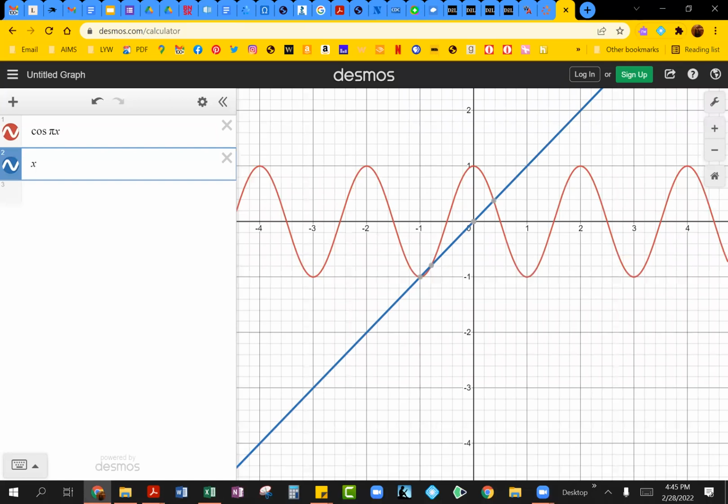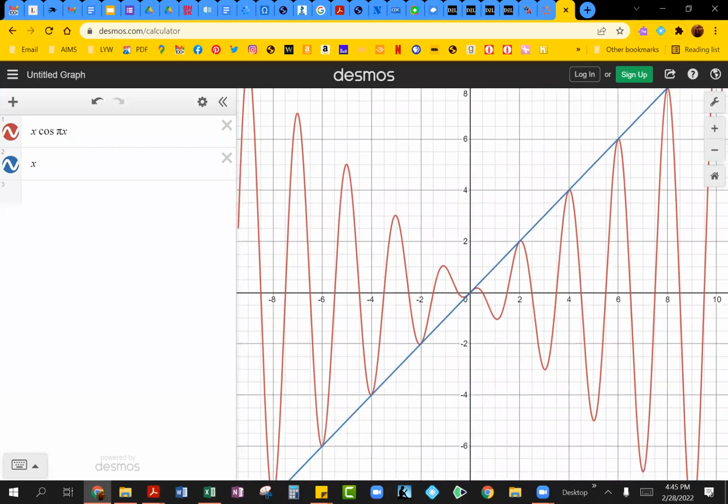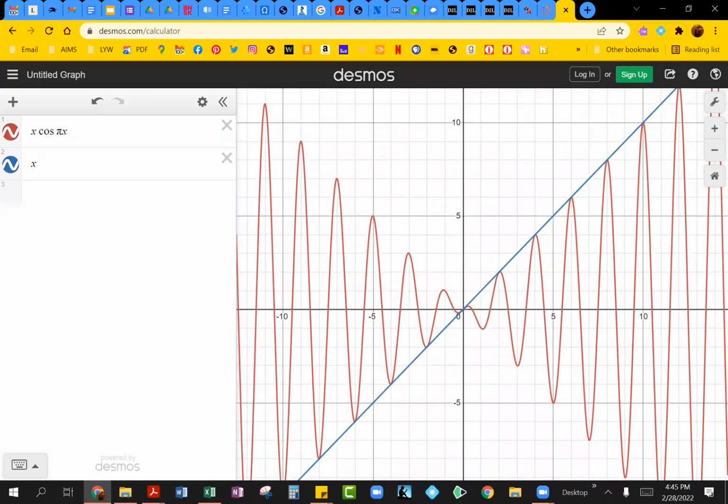So now if we take this line and mix it with our graph, look how the cosine function changed. You can see I still kept that graph in the blue because, in the red, the x actually becomes an imaginary line, so you don't actually get to see it.